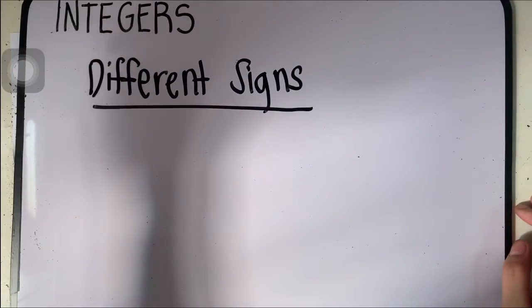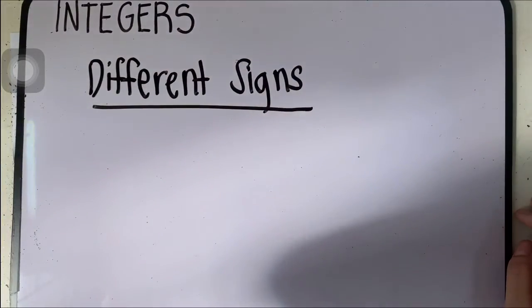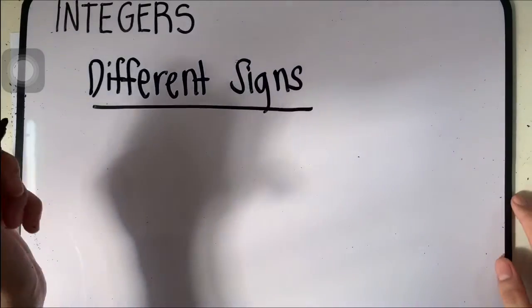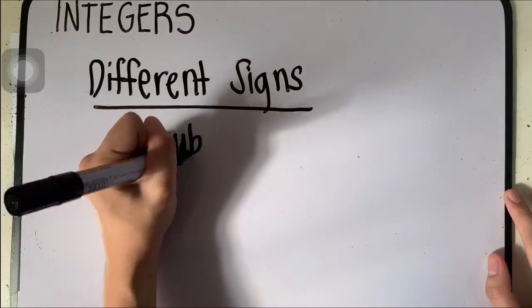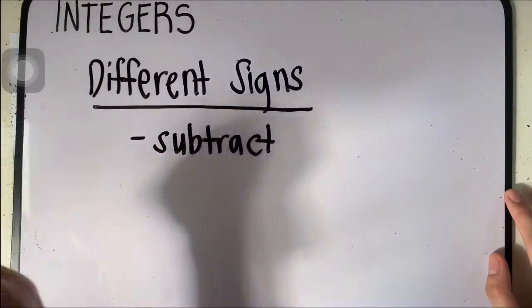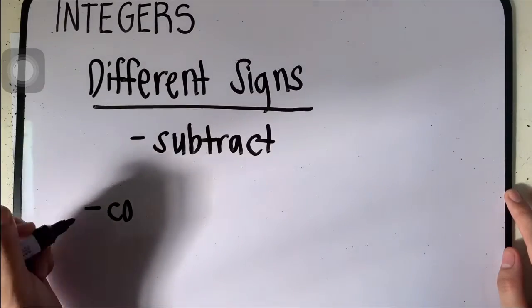Another rule is when combining numbers of different signs. We must always remember that when dealing with integers of different signs, the first step is to subtract. After subtracting, copy the sign of the bigger value.